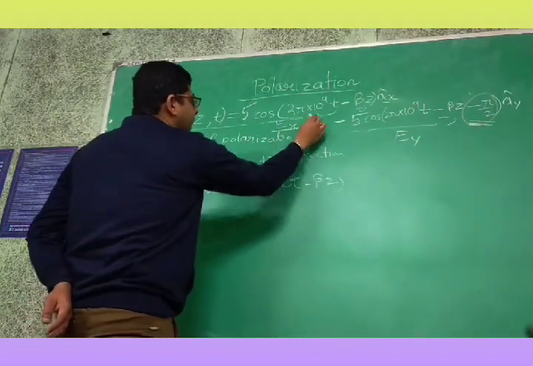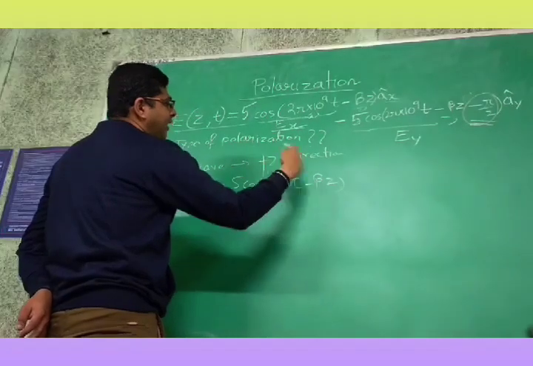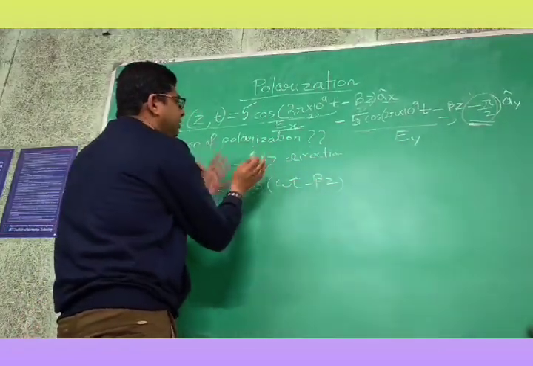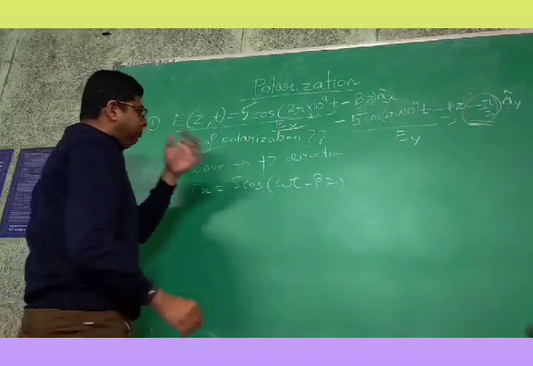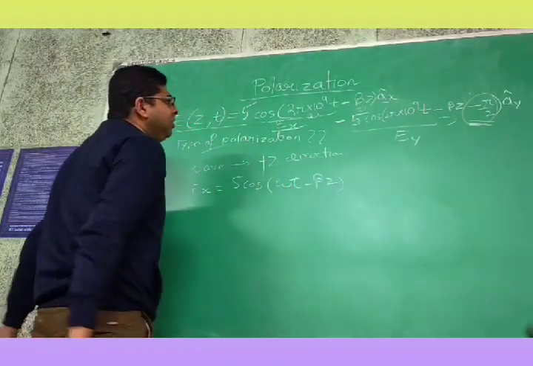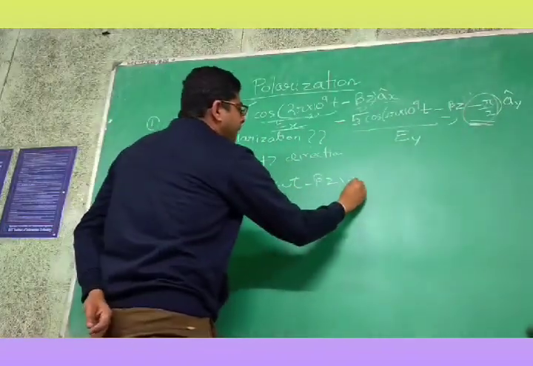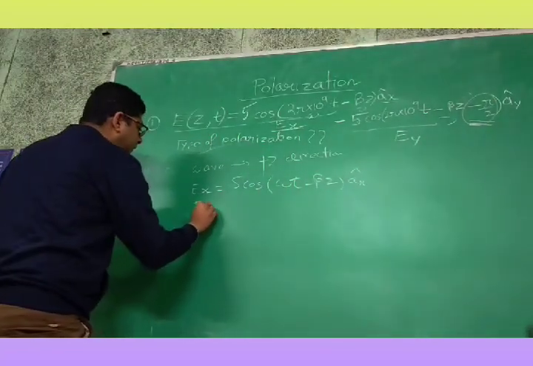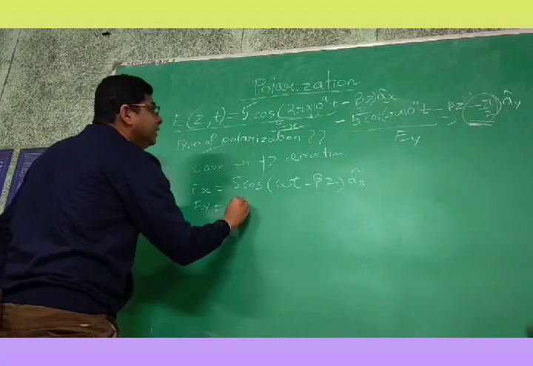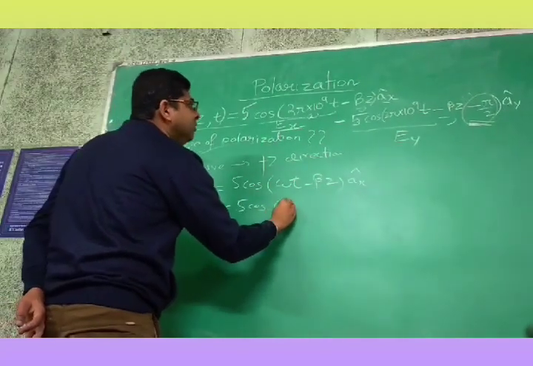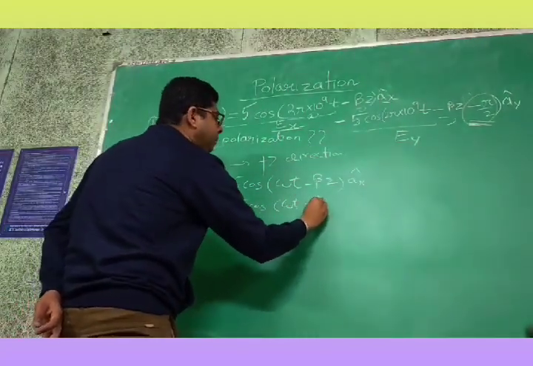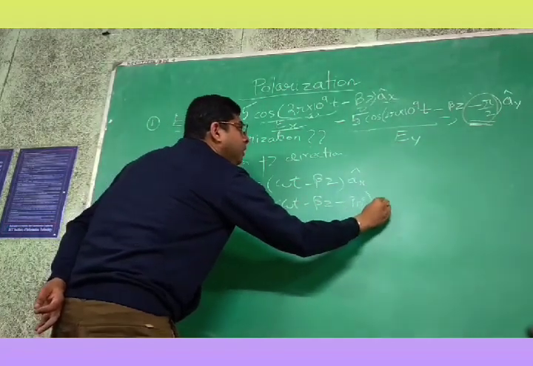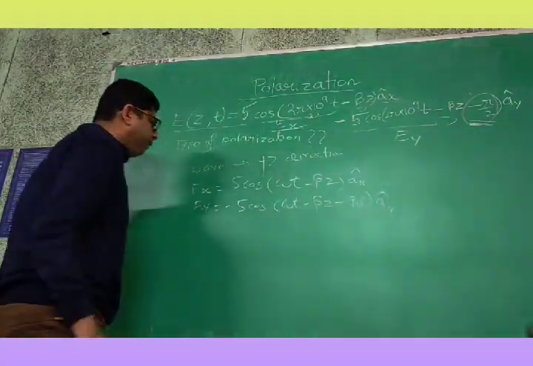I am just directly writing omega, because this will not interfere with our solution. Okay, omega, beta. And this is the unit vector. This is the y component, minus 5 cos(omega t minus beta z minus 90 degrees, pi by 2). Okay, so this is the thing.